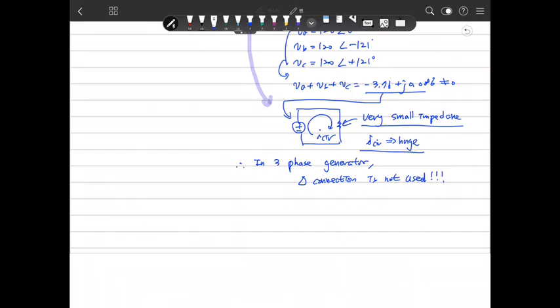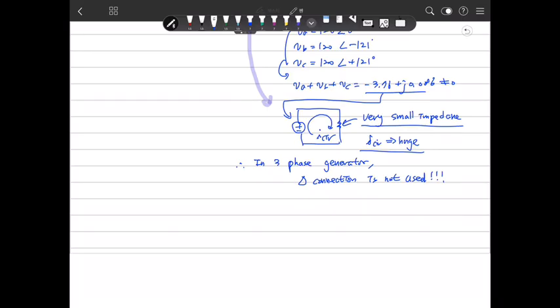So in the case of the transformer, maybe we will learn why you have to use the delta connection in the three-phase transformer. The delta connection is a very great advantage from the viewpoint of the transformer. We will talk about that maybe later, maybe in energy conversion theory, maybe in the next year.